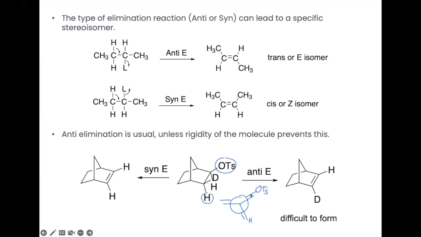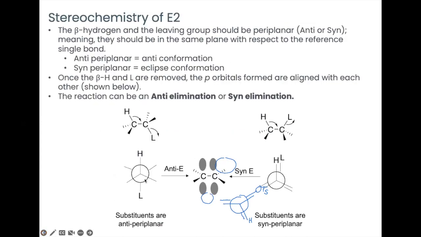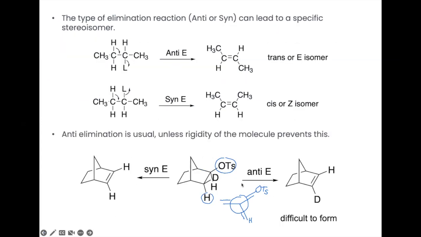Oh, hindi sila periplanar. Okay? They're not periplanar. Kasi ang periplanar, di ba, dapat ganito. Kung anti, di ba dapat ganyan? Eh hindi. Hindi sila periplanar with each other. So, we cannot form this.